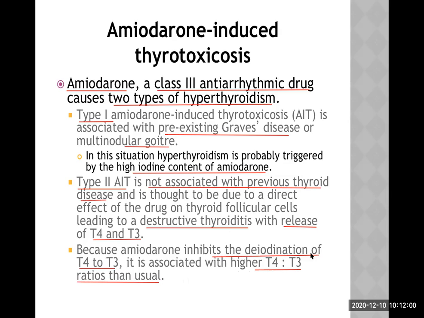It is blocking the deiodination, meaning it doesn't allow the conversion of T4 to T3, so the peripheral action of T3 may be hampered. And one more point I would like to add here, it can also cause hypothyroidism, and the mechanism is similar to de Quervain thyroiditis. Remember, there also in the late stage hypothyroidism can occur. So here also hypothyroidism can occur, with a similar type of mechanism.